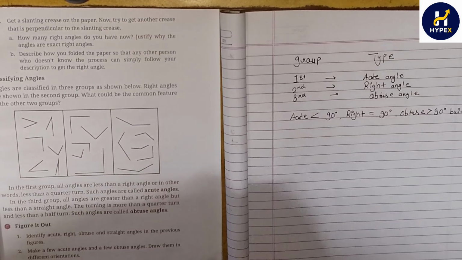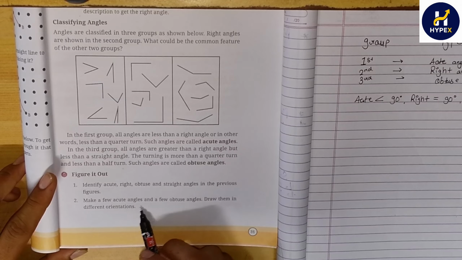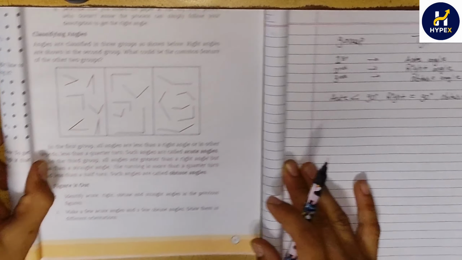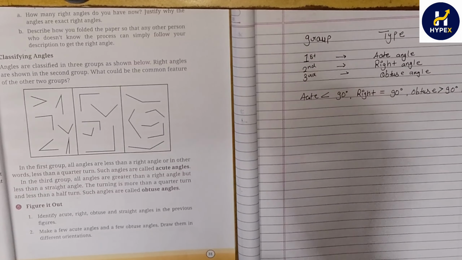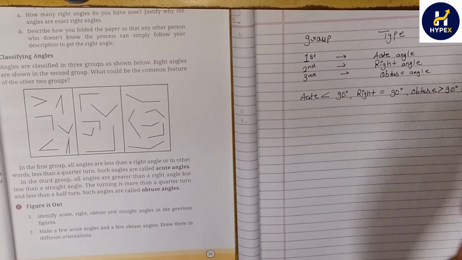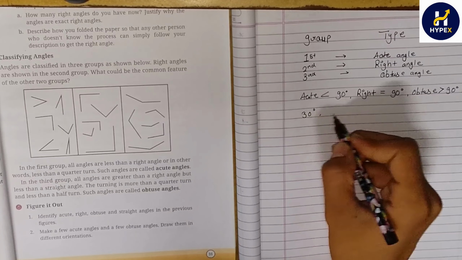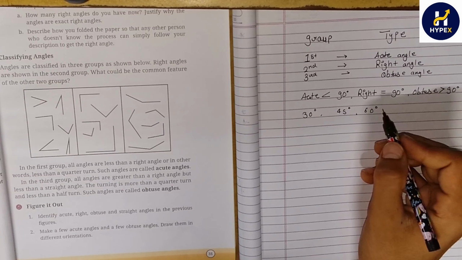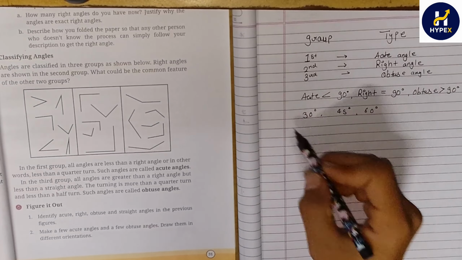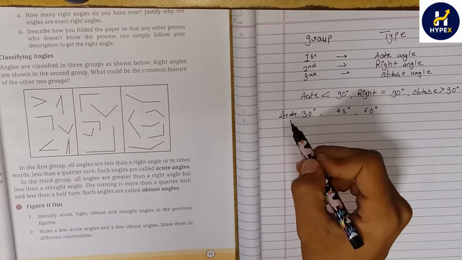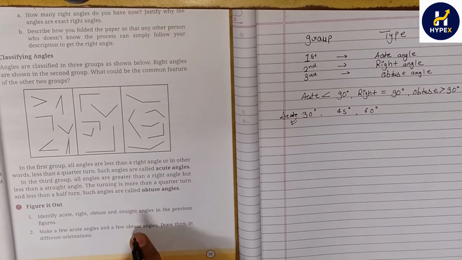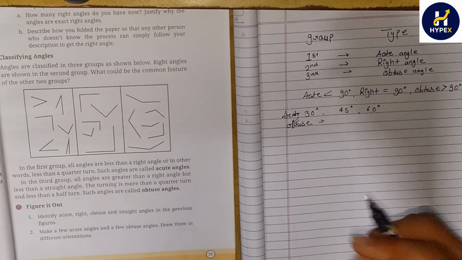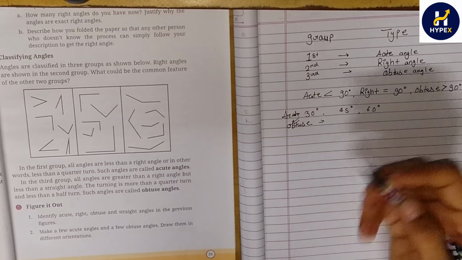So our second question is: make a few acute angles and a few obtuse angles, and draw them in different orientations. An acute angle is always less than 90 degrees. We can draw it in any direction. For example, 30 degrees, 45 degrees, 60 degrees. So here is an acute angle. Next, a few obtuse angles. An obtuse angle is greater than 90 degrees but less than 180 degrees.